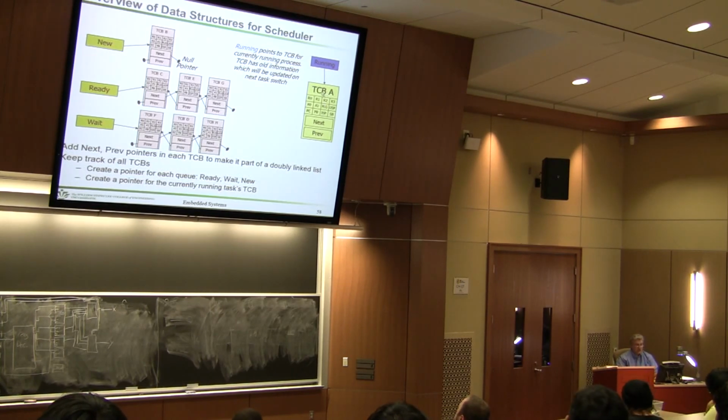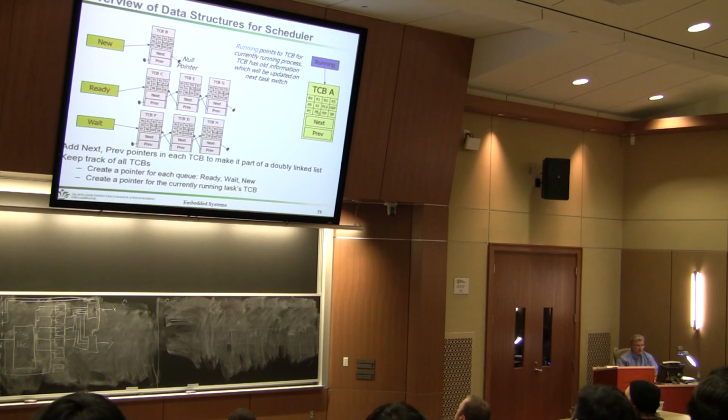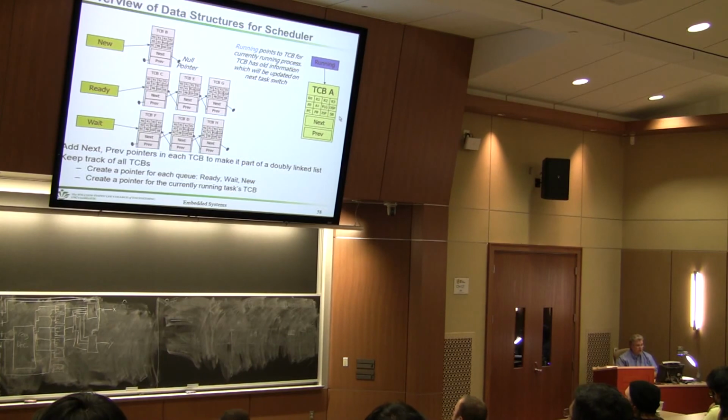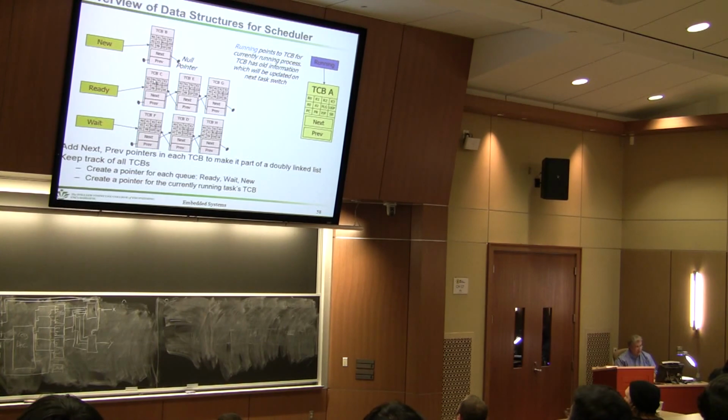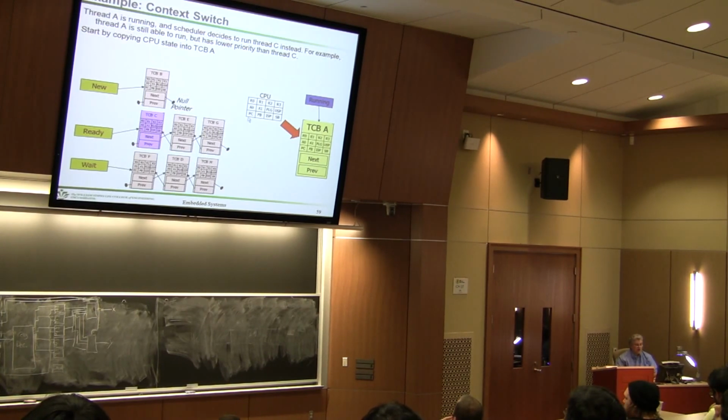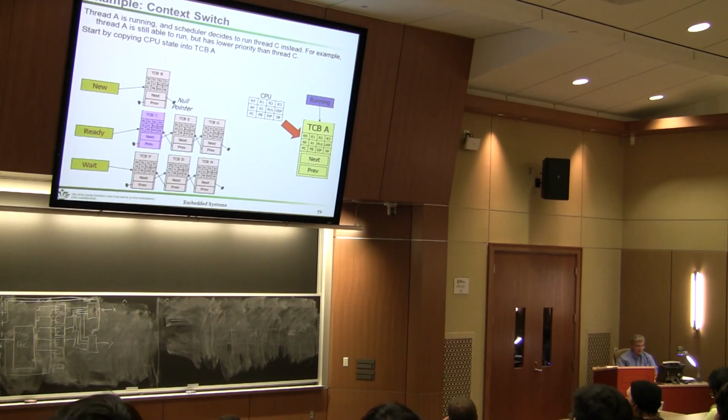So in this case, let's say thread A is running, and it has its registers identified with how it is running. Then let's say you want to run the next waiting process. In this case, it will be the highest priority one, which is C. So we will take whatever data is in our registers and copy it over to thread control block A. Remember, that's just memory.